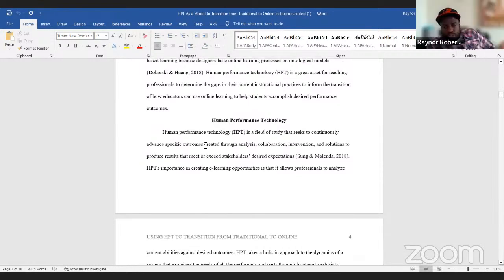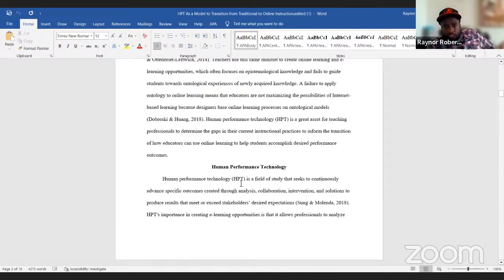Notice when I'm using an acronym, I must first spell the acronym out. So in this case, we have HPT. Now see, I put HPT here. Technically, I didn't have to write it out again here. I could have just put HPT because I only need to write an acronym out the first time in a paper. So the first time in a paper, if you're using an acronym, you must write it out.